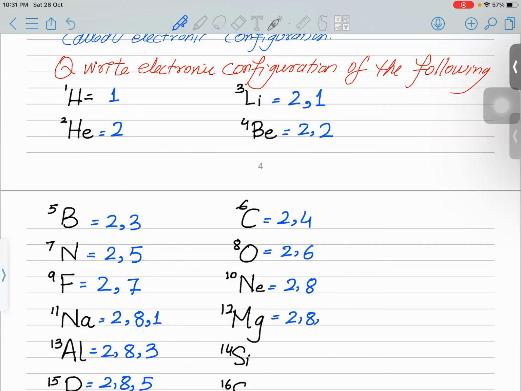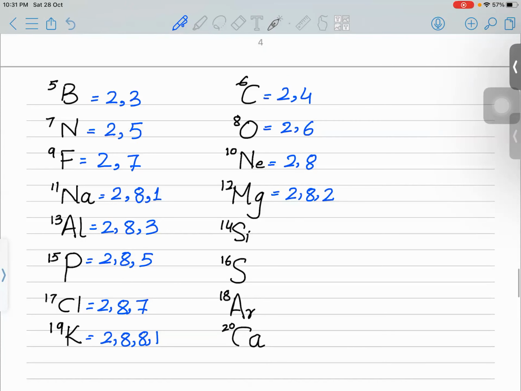Silicon 2,8,4. Sulfur 2,8,6. Argon 2,8,8. Very good. Calcium 2,8,8,2. Very, very good.